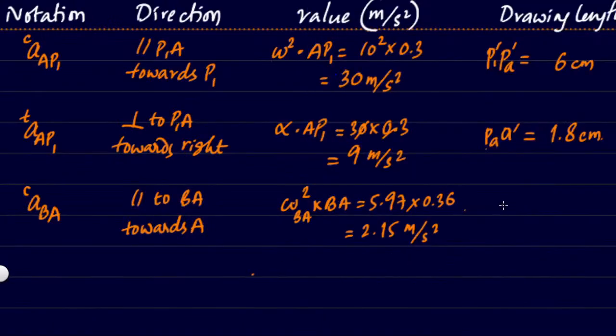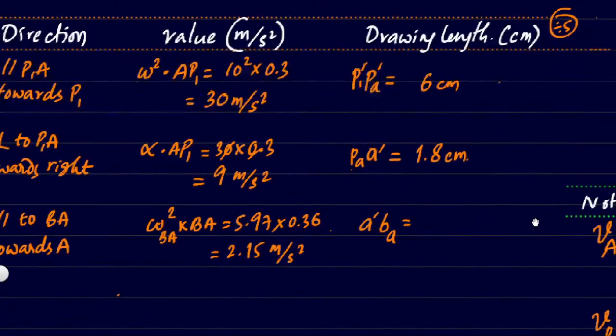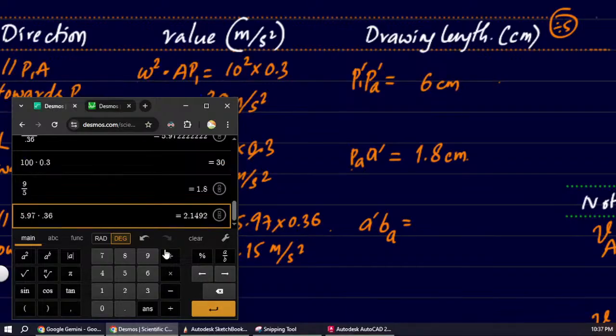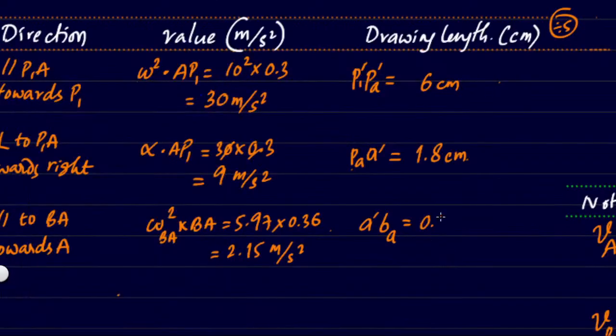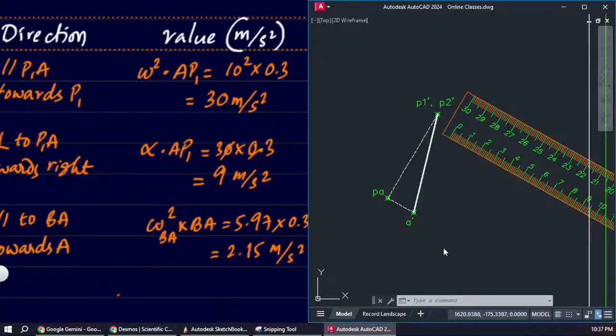Let us write it as BA. How much length do we have to draw? We have to divide this by 5. So 2.15 divided by 5, we're getting 0.43 centimeters. We can round it off as 0.4.